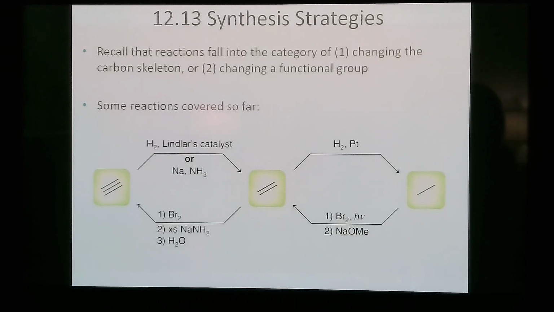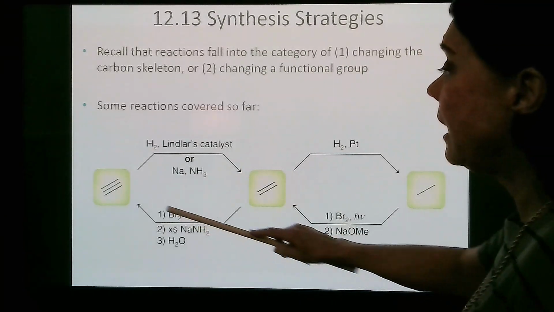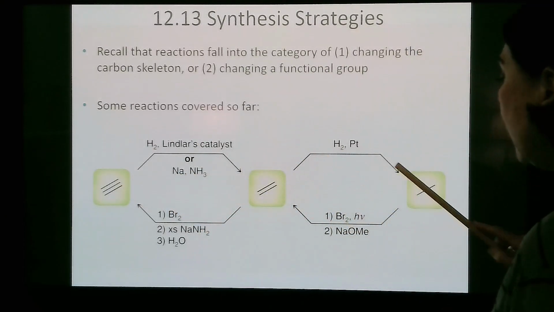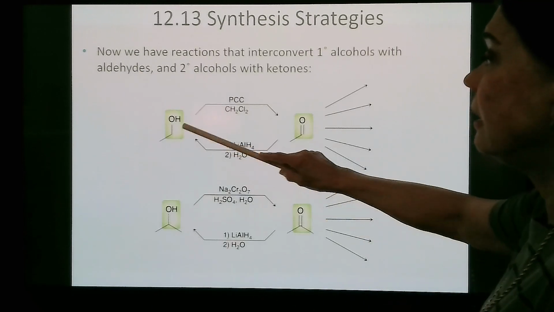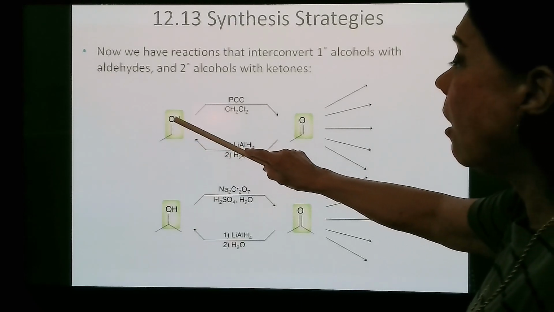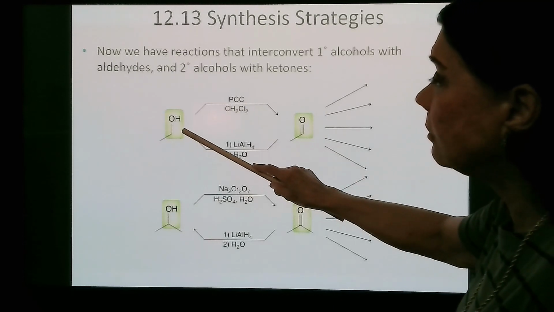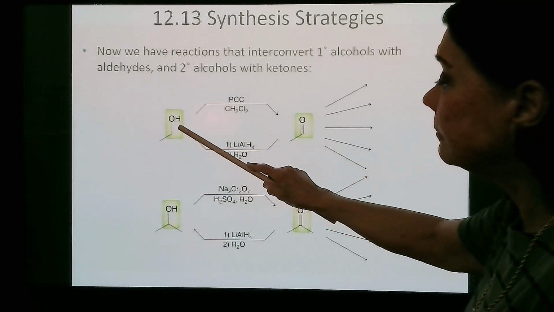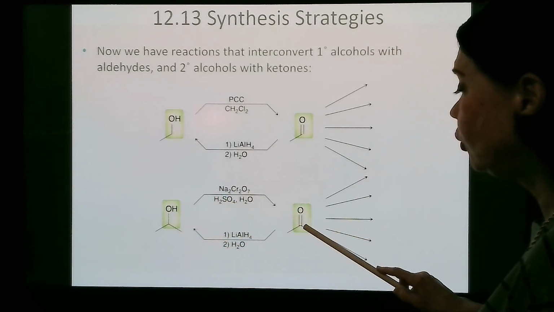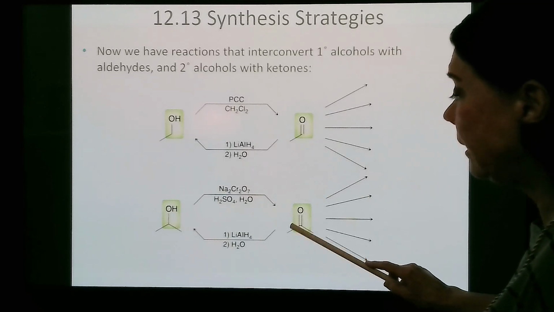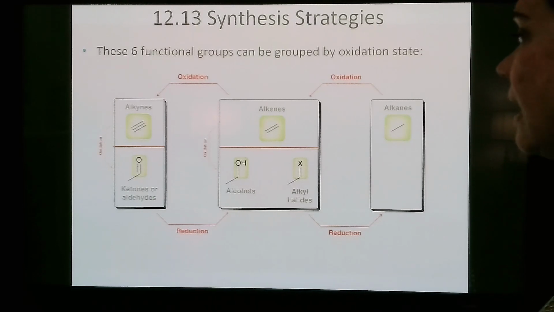I have provided some of these where you have the reagents to be able to convert an alkyne to an alkene to an alkane, and then here is once again your alcohol oxidation and going back, the reduction of the carbonyl. This is a primary alcohol, and again the oxidation to the carbonyl and going back to the alcohol. You'll want to review all of that.